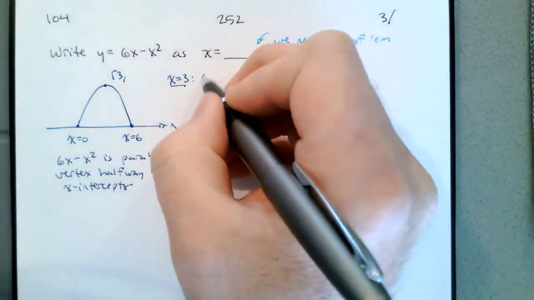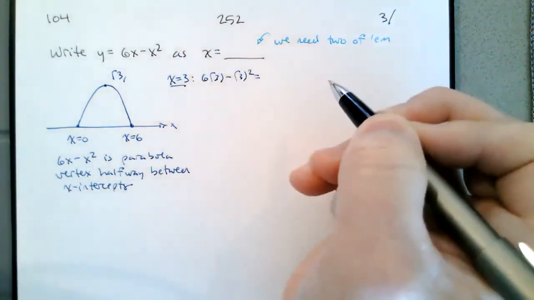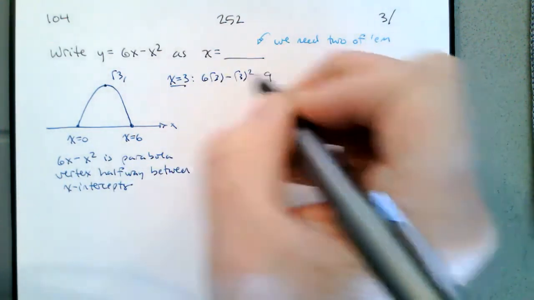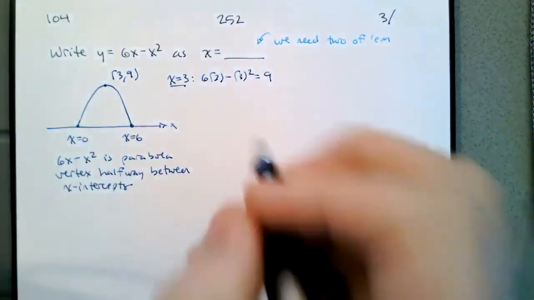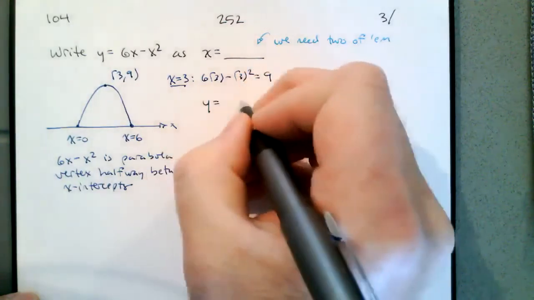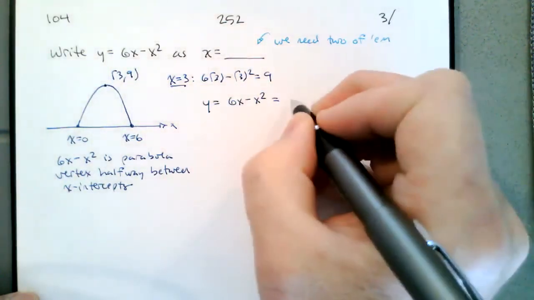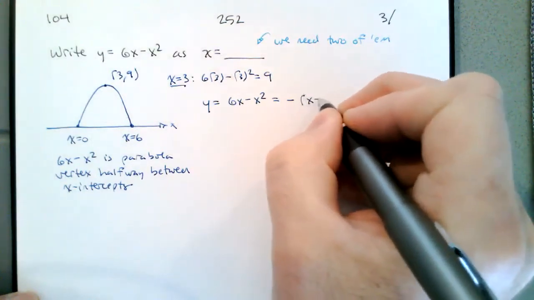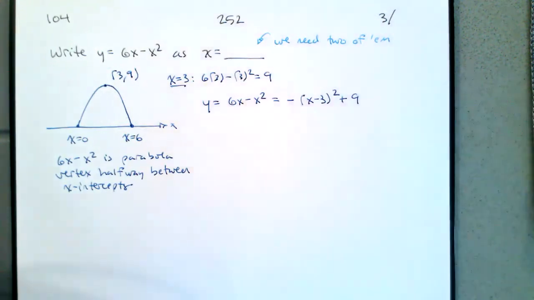And so if we plug that in, 6 times 3 minus 3 squared, we find that the y-coordinate of the vertex is 9. So I can rewrite the expression y equals 6x minus x squared as minus 1 times x minus 3 squared plus 9. So I rewrite the parabola in vertex form.